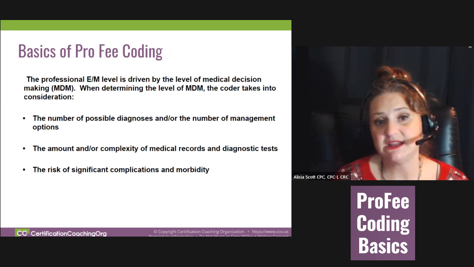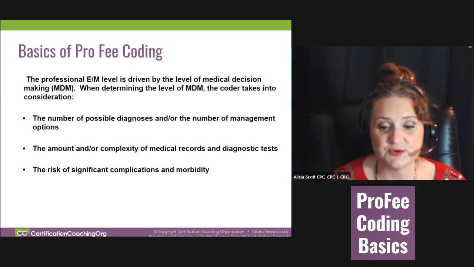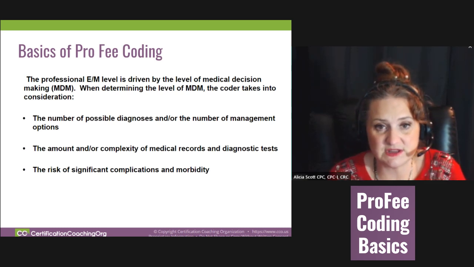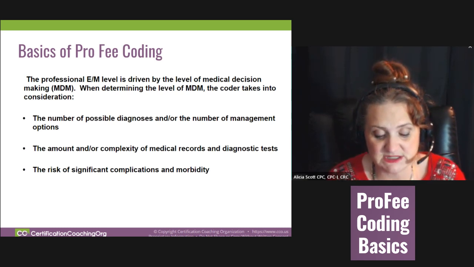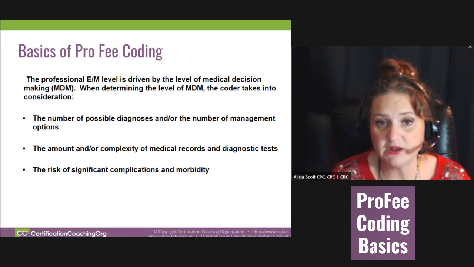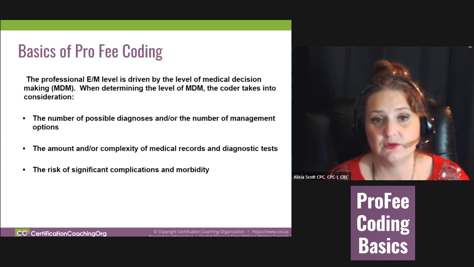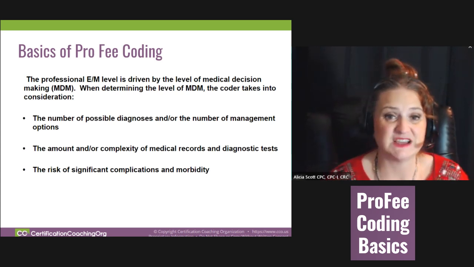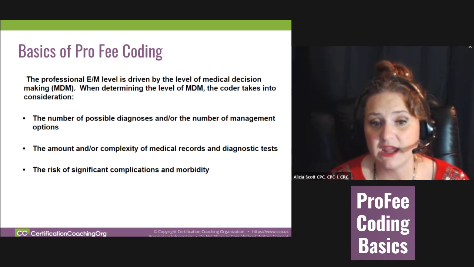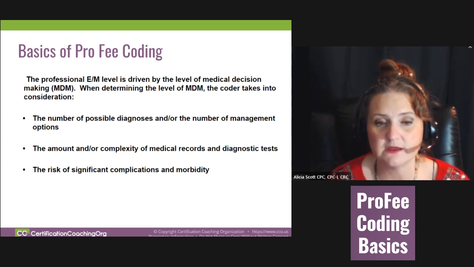Maybe they have diabetes, and so they need to get in with an endocrinologist. And it's the PCP. The person is establishing care with their PCP. A new patient with one chronic condition like diabetes that affects all the body systems could be a pretty heavy E&M, a higher level because of that.